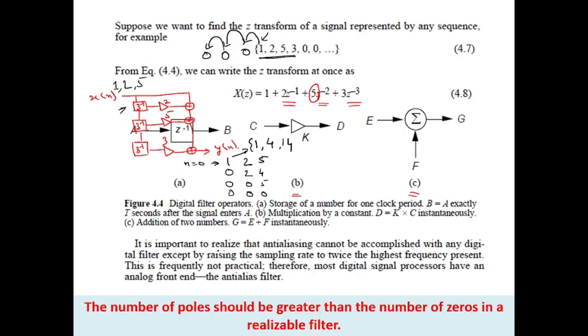In the next instance, what do you have? 3. 3 will come here. Before 3, 5 into 2 is 10. Before that, 2 into 5 is 10. After that, 3 into 1 is 3. So what came here? 10 plus 10 is 20, plus 3 is 26.